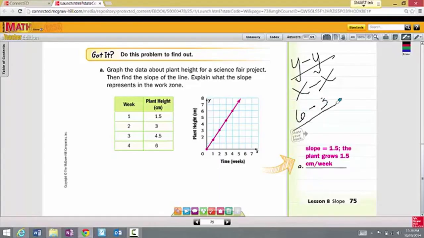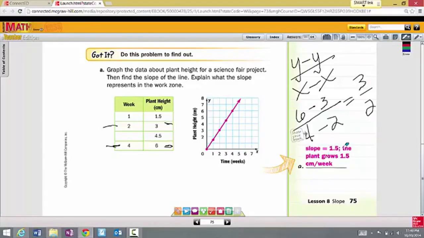It doesn't matter what points you use, as long as you choose any 2 points and go back to those points for your x's and your y's. If I go to 6 and 3 for my y's, then I have to go to those same points for my x's. So it would be 4 minus 2. 6 minus 3 is 3, and 4 minus 2 is 2. So your slope is 3 over 2.